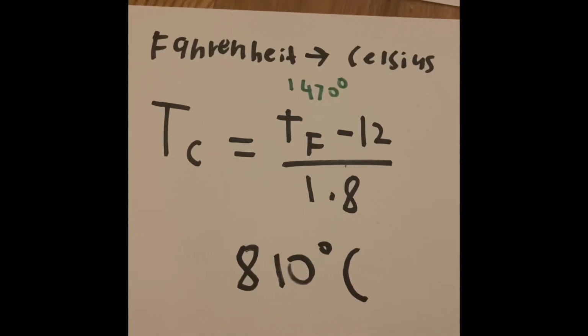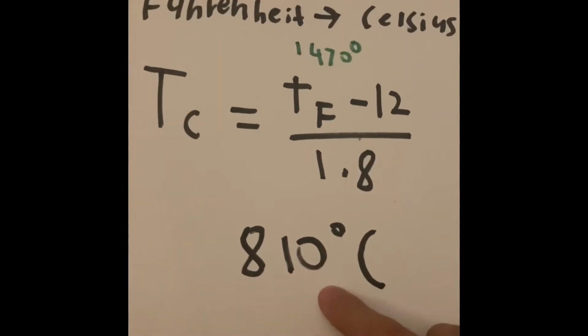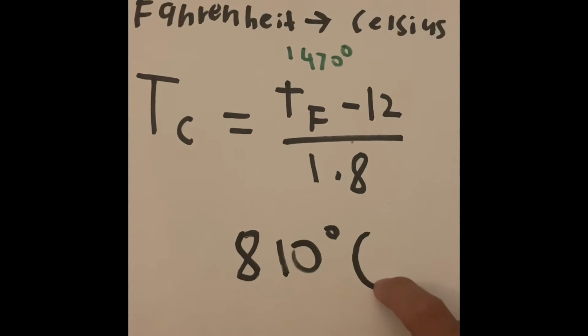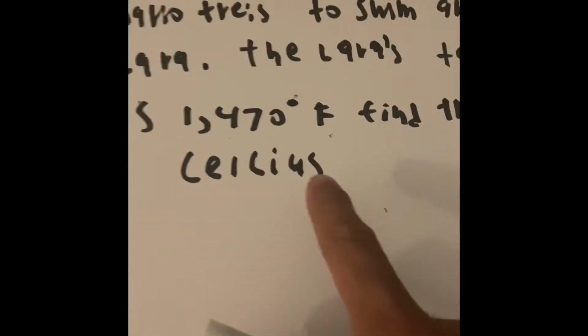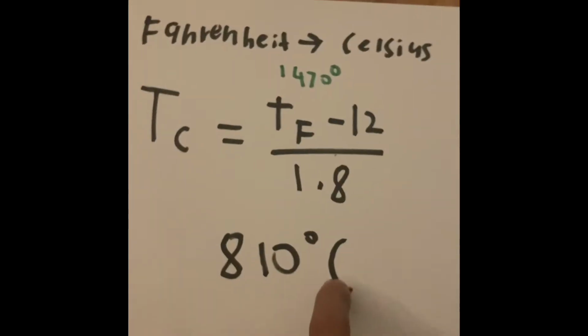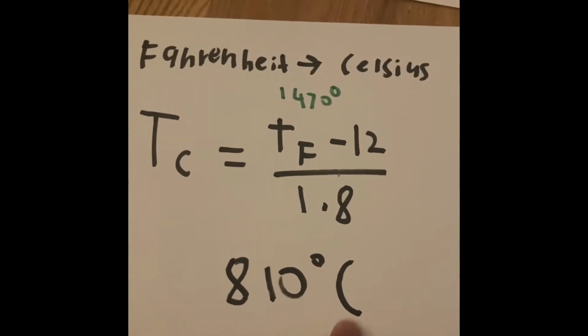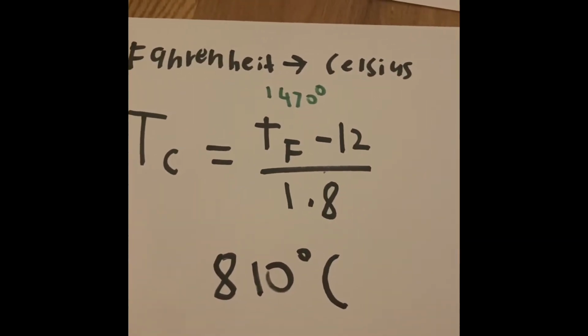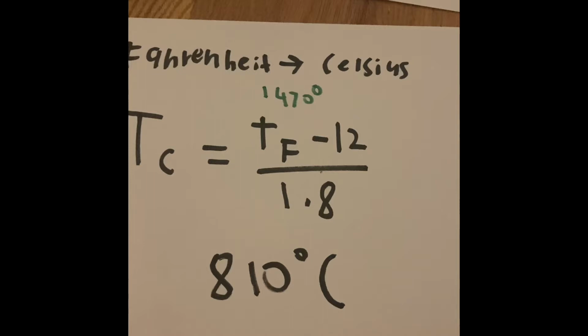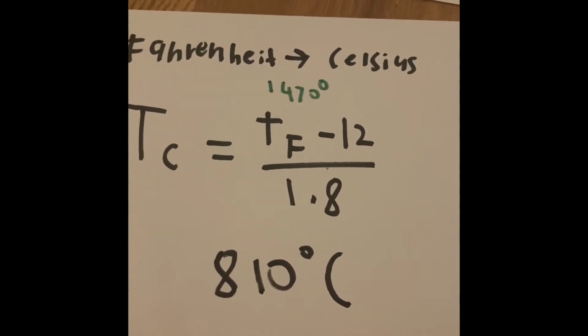So the lava that Mario is trying to swim in is still really hot. Even though it's a lower number, it's still hot because it's the same as this, but we converted it to another measurement. Let's see what happens when Mario tries to swim in lava.